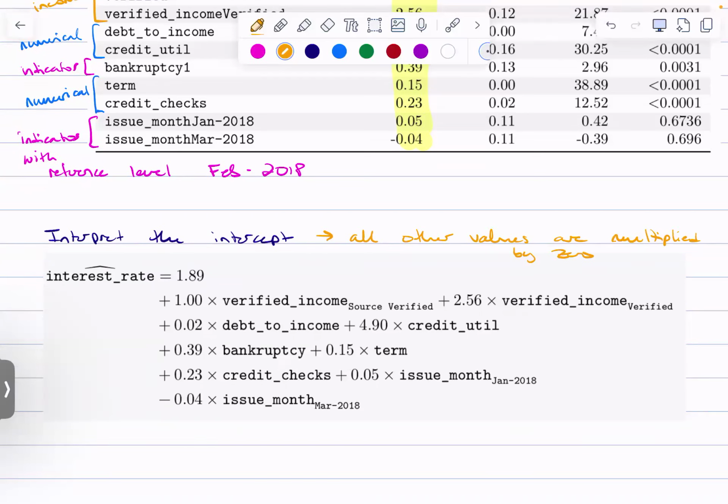Which means something, right? It might not be meaningful, but it does mean something. And so let's have a look. So then the verified income source verified is 0, right? So they didn't have their source verified. In fact, they had neither verified.